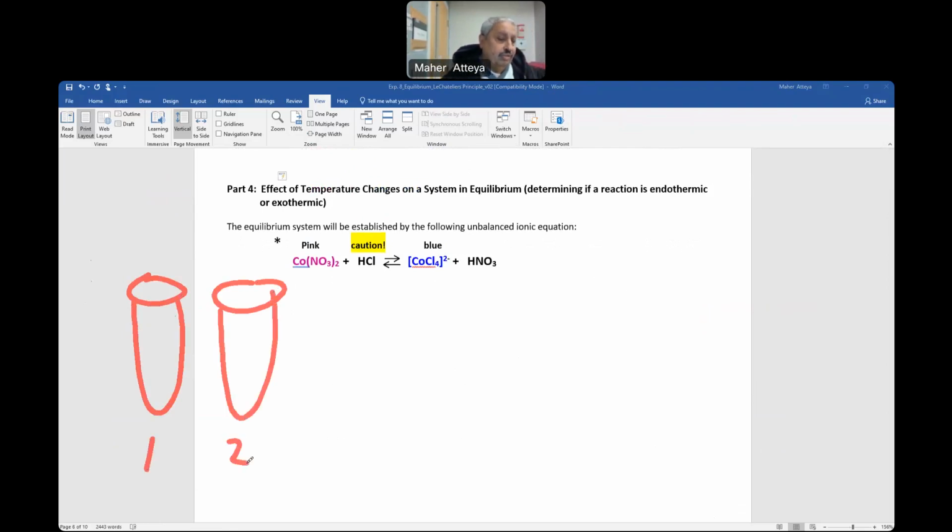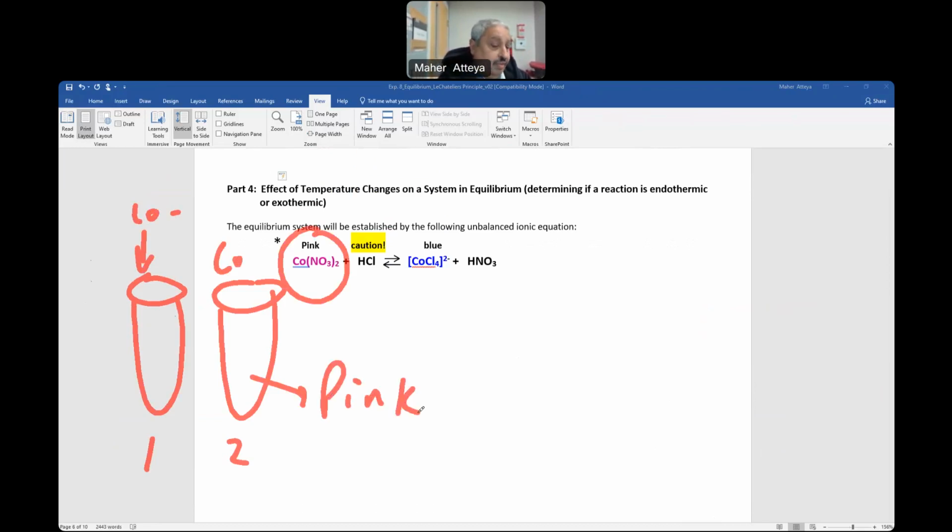So what you will do in those, you will add the pink one. This is cobalt 2 nitrate, that's pink. So you'll add both of those cobalt. So here will be cobalt salt, and here is cobalt. So both will be looking what? Pink. Both will be looking pink.